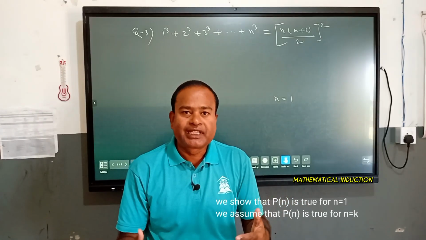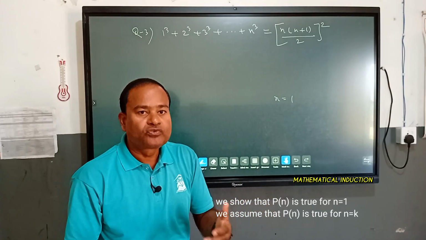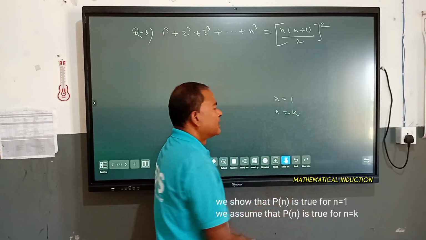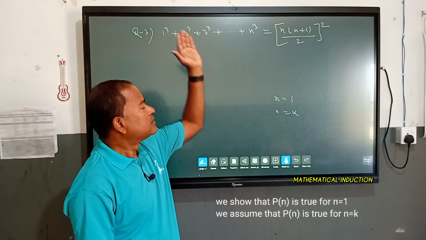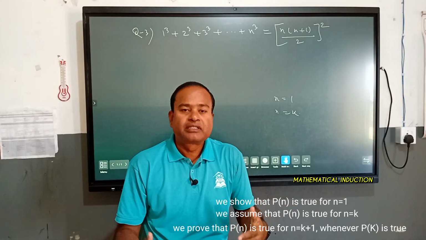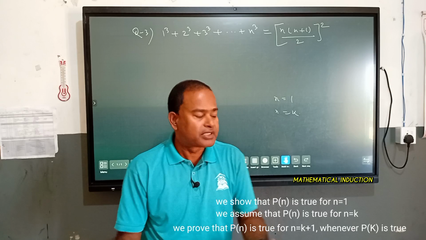Then in the second step, we assume that the given statement is true for n equals k. And by assuming that, we prove that the given statement is true for n equals k plus 1.